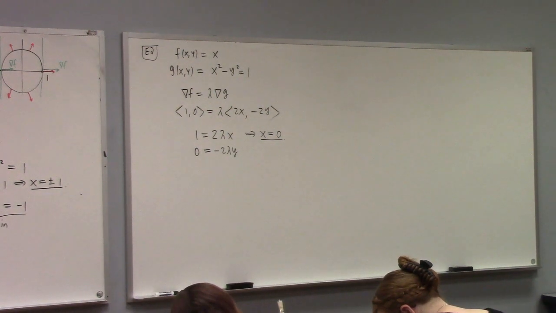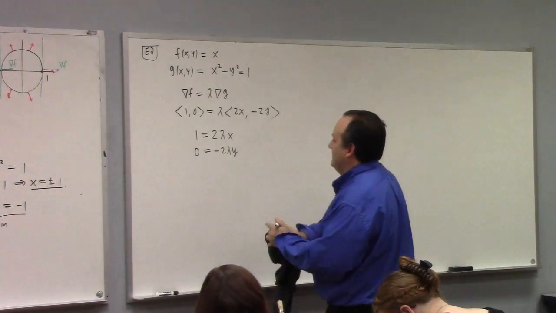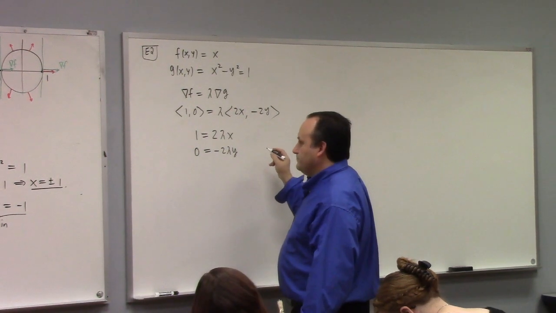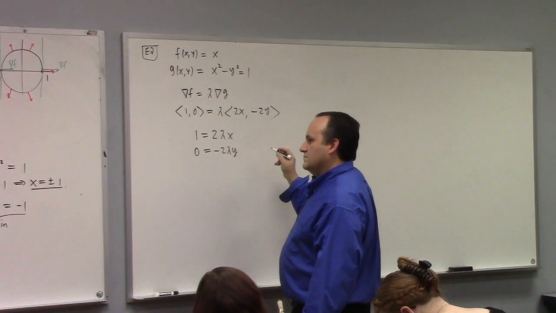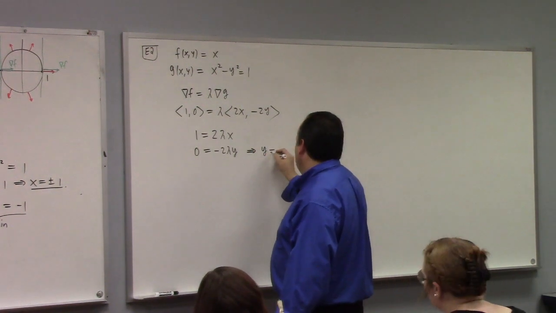Sorry. What does it say? Which is 0, x or y? Y, right? The second equation tells me y equals 0. Oh, that's the same as last time.